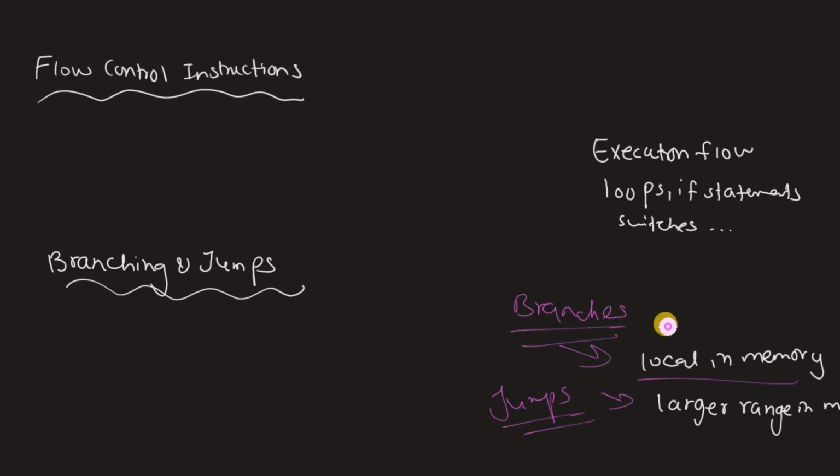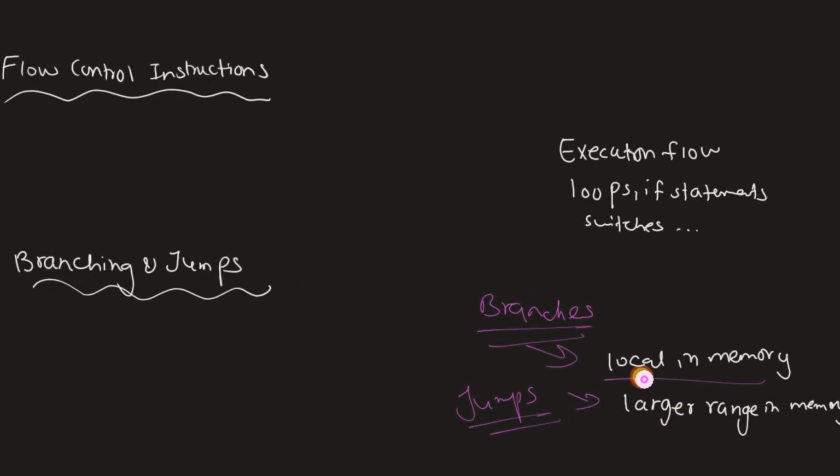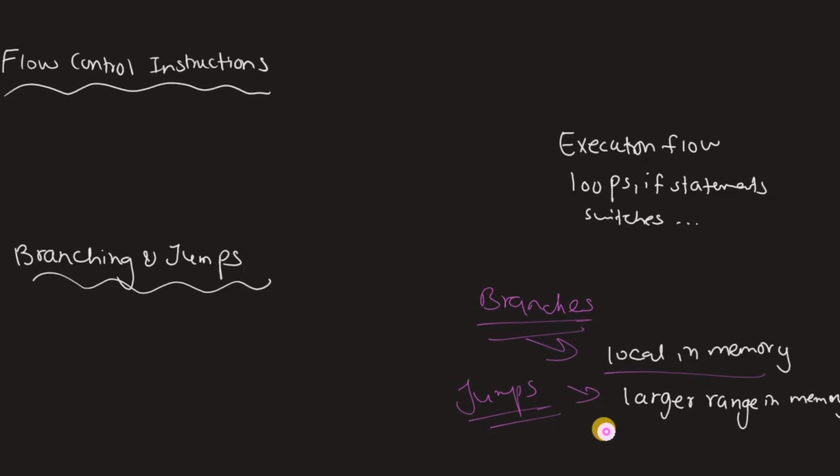Branches tend to be local in memory, but jumps span a larger range in memory. Overall, the difference is dependent on the processor design.